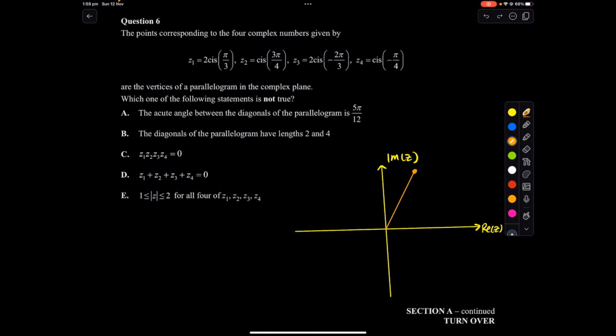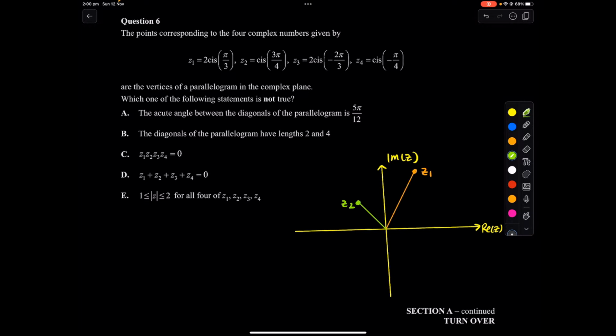So this is Z1. The next one is 3 pi over 4, which is approximately pi over 4, so 45 degrees in this quadrant over here, but it has a length of half of Z1 because the radius is 1. So approximately right there, and that is Z2.